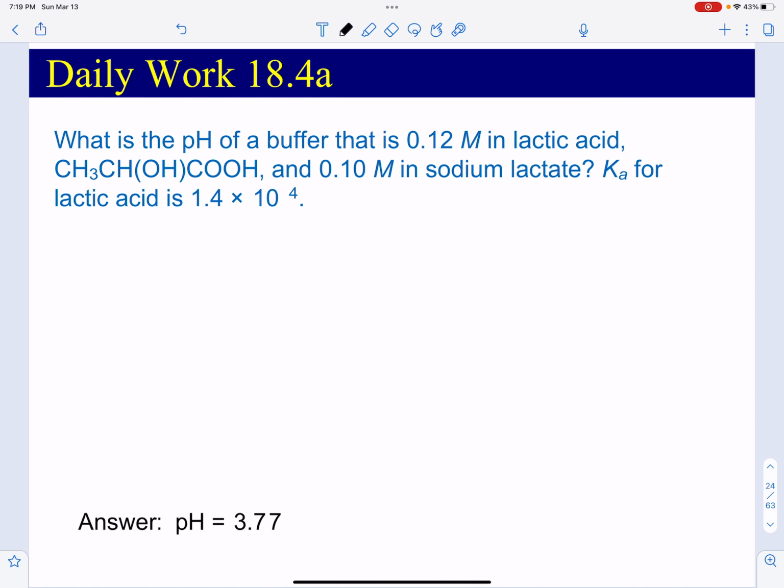So with that given, you should be able to do this problem. The answer is going to be 3.77. And you can notice right away that this is not the same as that. So this is going to be a little bit different from the one I did.